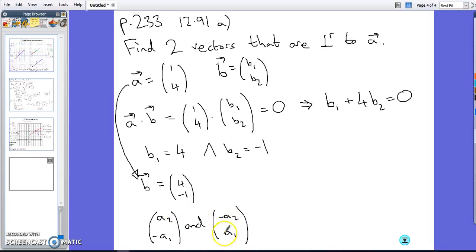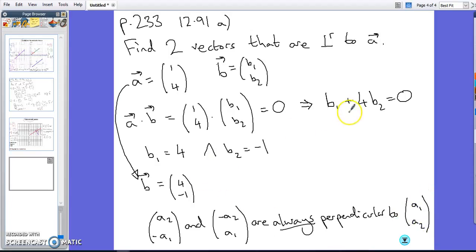We flip them and we've made one of them negative in both cases. They are always perpendicular to the vector A, which would be (A1, A2). So of course, another vector we could have would be here, -4, and here, +1.